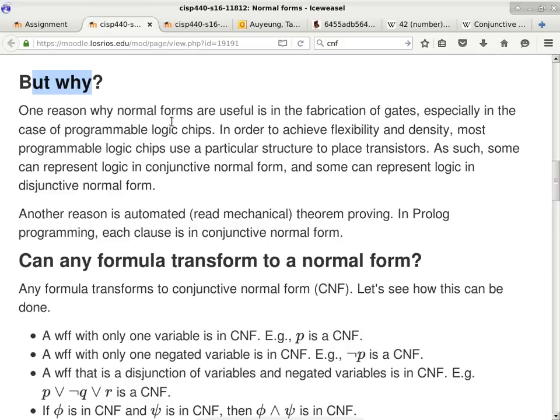We favor certain structures of gates in electrical engineering. But in this class, the other reason is mechanical theorem proving, and Prolog, a programming language for just that purpose, deals with CNF. We don't see it as a CNF, but everything really is expressed in CNF.